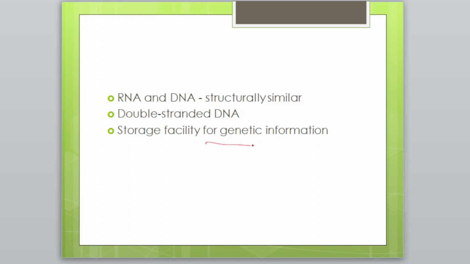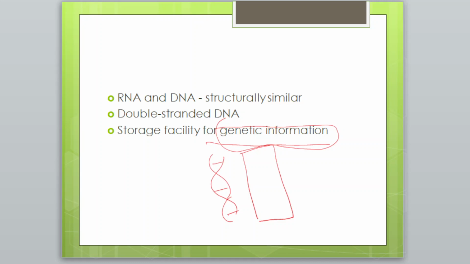Why? Because of its chemically stable structure. DNA is double-stranded and it is more stable than RNA. You all must be knowing this. So this stable structure was the main reason it became the storage facility for genetic information.